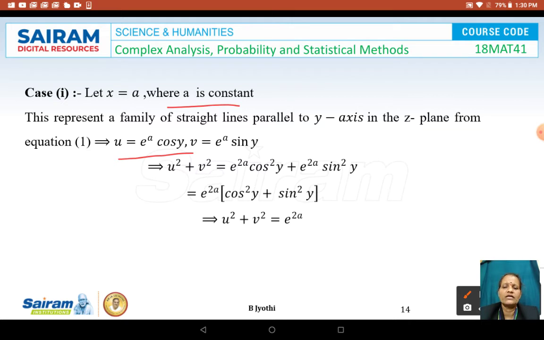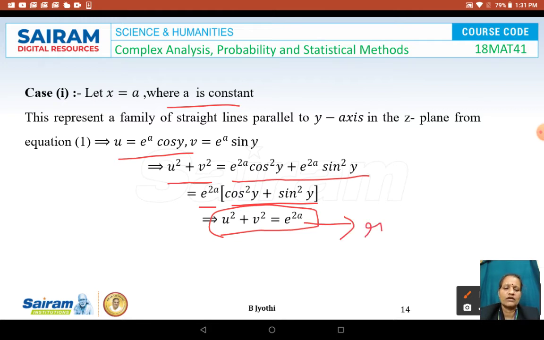When we square it on either side and then add them, we get u square plus v square is equal to e power 2a into cos square y plus e power 2a into sin square y. By taking e power 2a outside, cos square y plus sin square y will be 1. So the equation we are getting is nothing but a circle. Here e to the power of 2a, which is a constant, can also be written as r square with a radius.